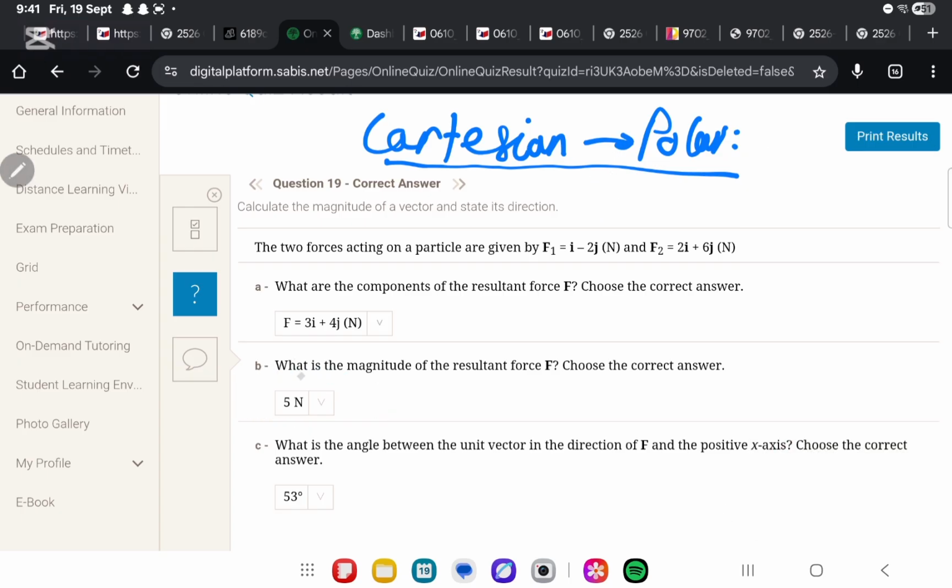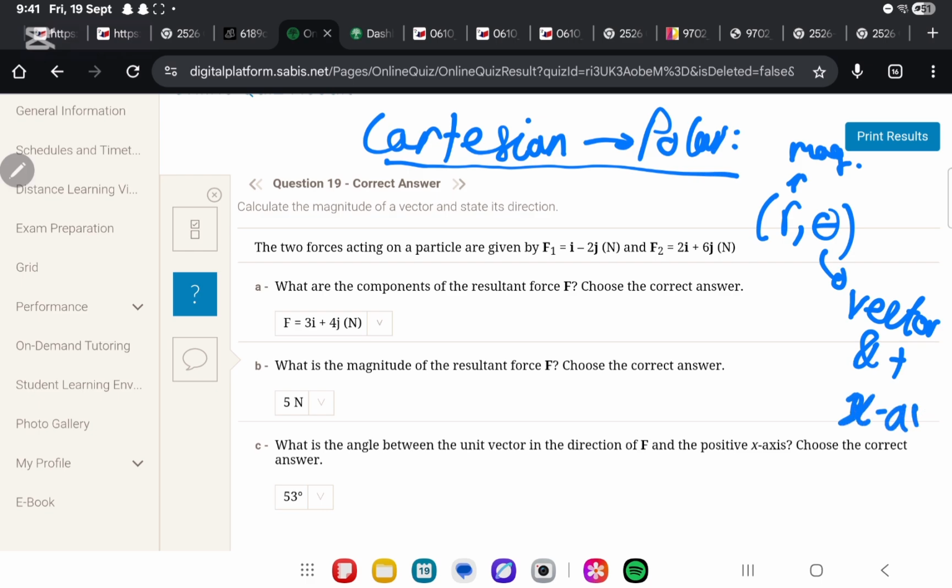Remember, polar is written as r comma theta. R is the magnitude. Theta is the angle between the vector and the positive x-axis. Okay, so now you have r. R is 5. You need theta.